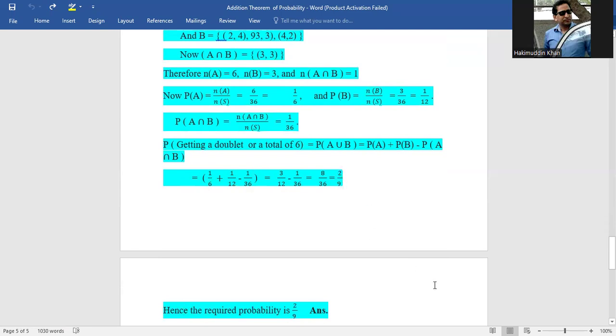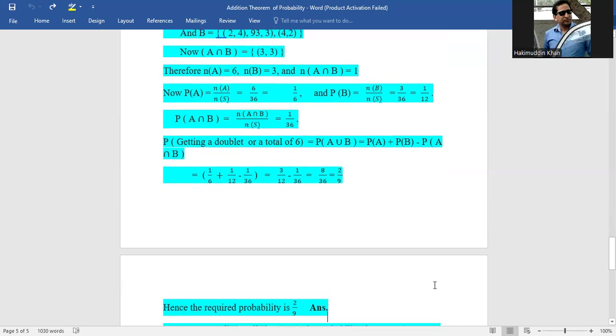Hence, the required probability is 2 by 9.